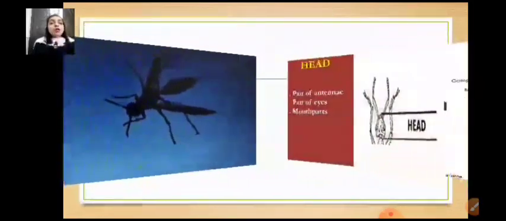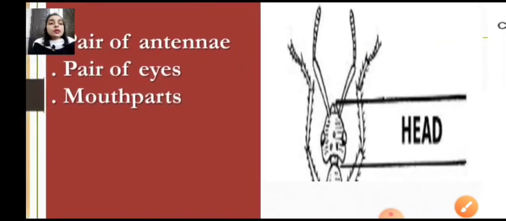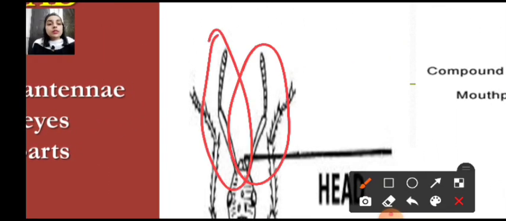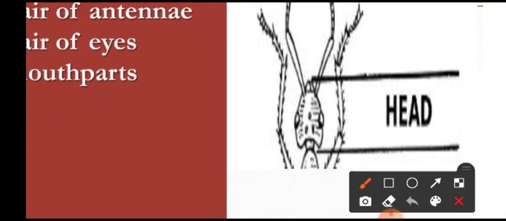So now let's discuss each part of the insect in detail. First of all, let's discuss the head. The head has a pair of antennae. Can you see these are the antennae? These are the antennae of insects, and they have eyes on the head.